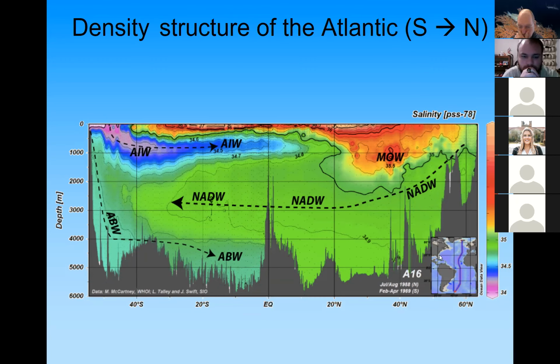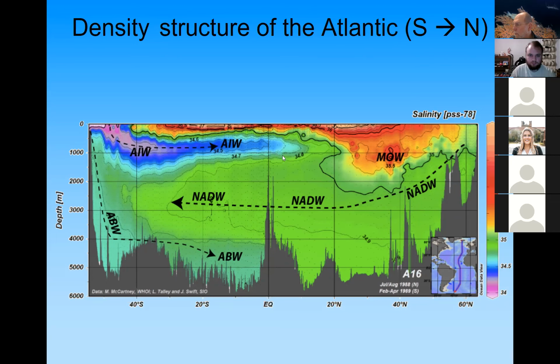And so here's a body of water. This AIW stands for Antarctic Intermediate Water. And this is water that's cooling off near the coast of Antarctica. And because it's so much colder, it's sinking under this warmer, more saline water. Remember that we saw high salinities in the surface waters to the south of the equator.